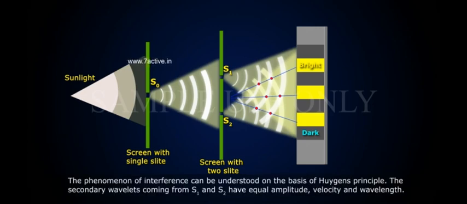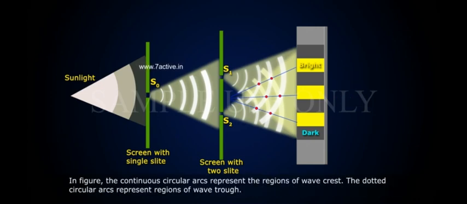The phenomenon of interference can be understood on the basis of Huygens principle. The secondary wavelets coming from S1 and S2 have equal amplitude, velocity and wavelength. In the figure, the continuous circular arcs represent the regions of wave crest.